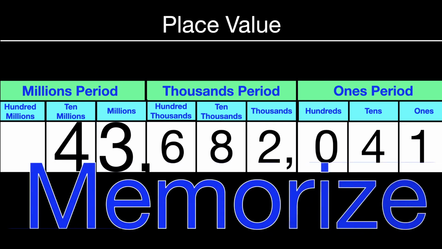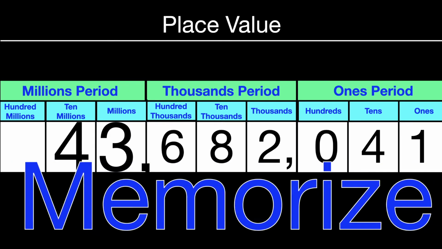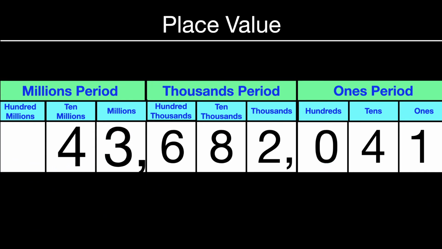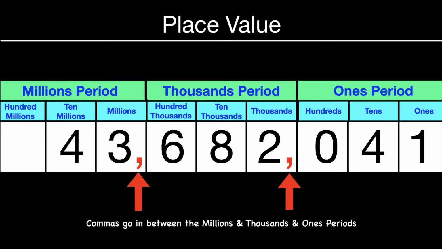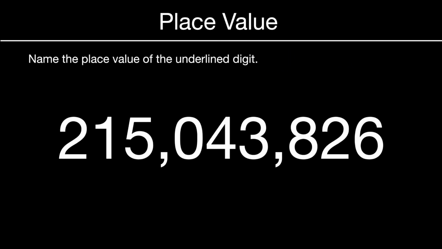It's important that you memorize your place values before you start your rounding problems. Now, the commas that you see in between the millions, thousands, and ones periods are just a way for you to know the separation. So commas go in between the millions and thousands period and also in between the thousands and the ones period.